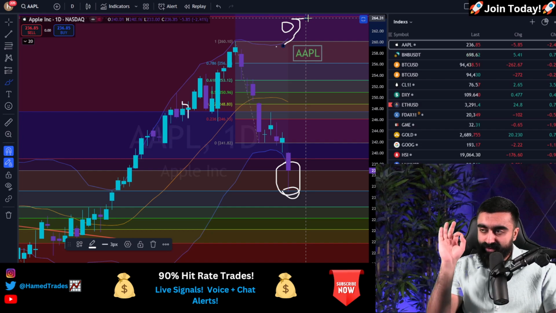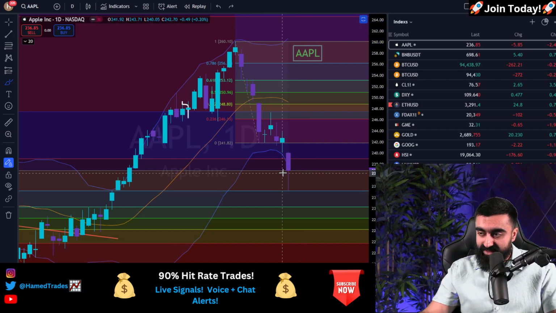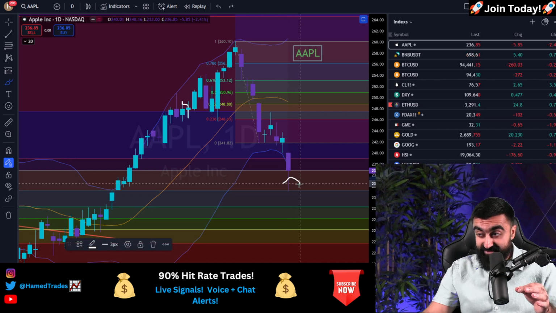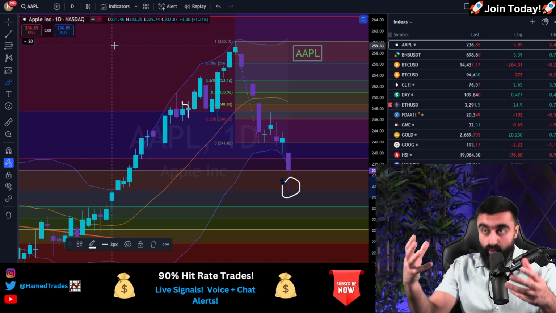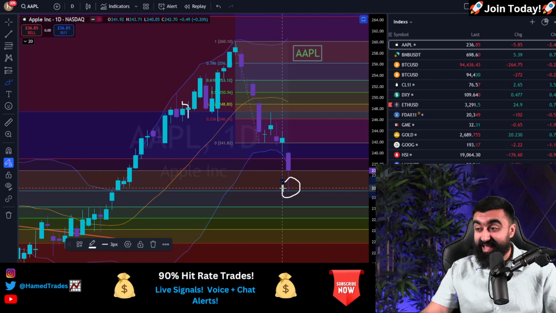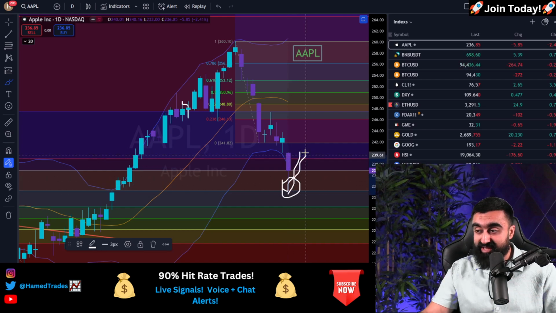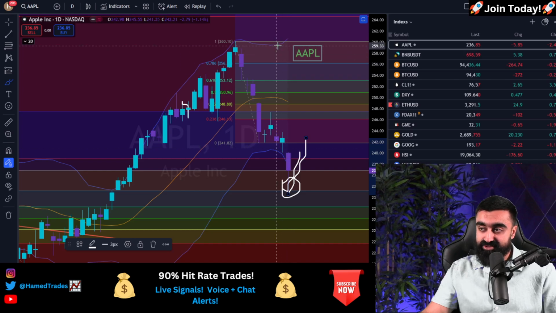Generally, when Apple or these large tech stocks, S&P, the NASDAQ, trade very far extended to the downside or the upside on the Bollinger Band, we get a return to the mean, a return to the average.